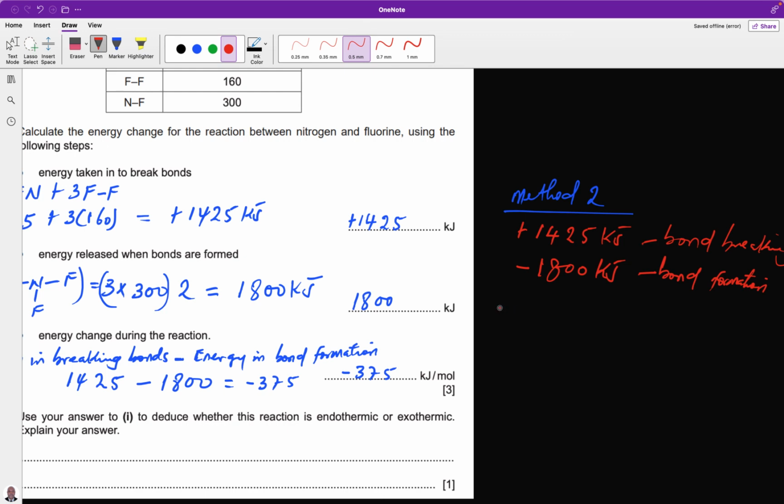That is method number 2. Now, the enthalpy change or the energy change will be what? The energy change will be the endothermic reaction, which is bond breaking, plus the exothermic, which is bond formation.